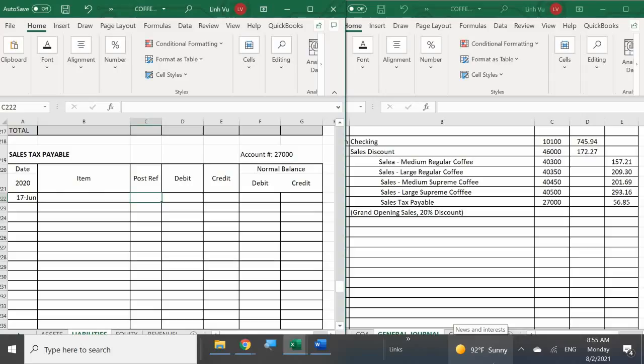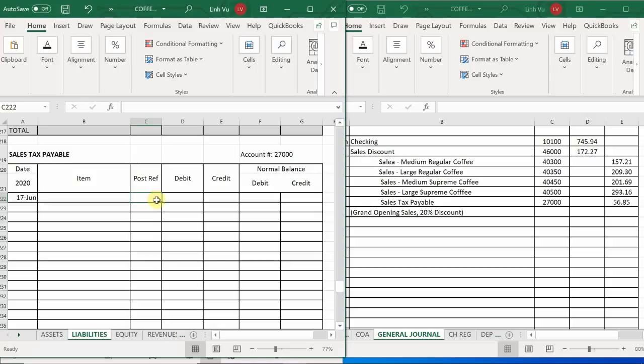Every day that you encounter your sales in store, it's pretty straightforward as far as the notes. Right? How much are we going to credit my sales tax? Okay, remember you need to be on the credit side. So that's my beginning balance right here, $56.85.